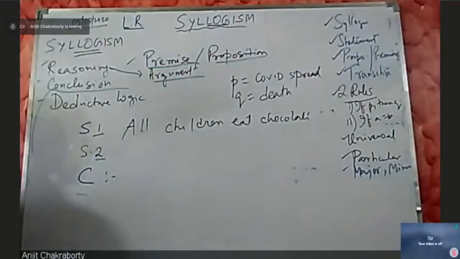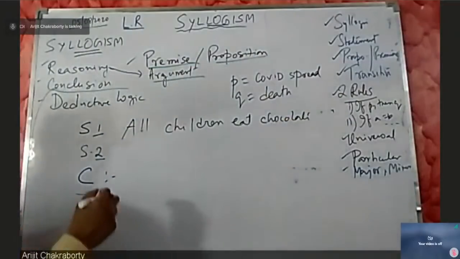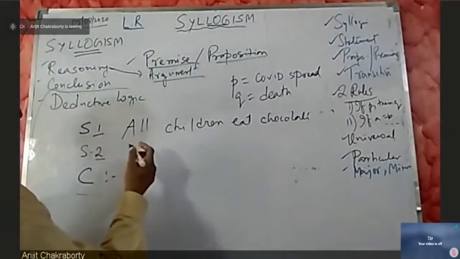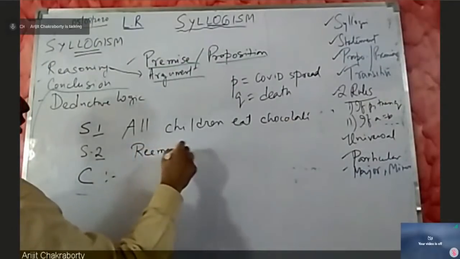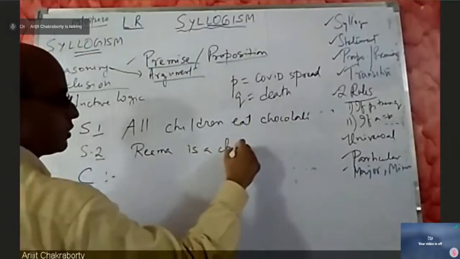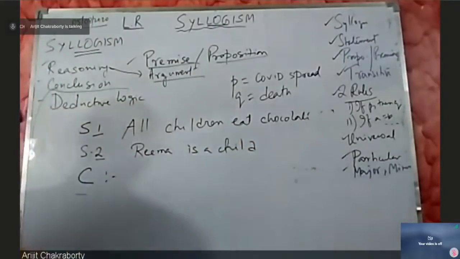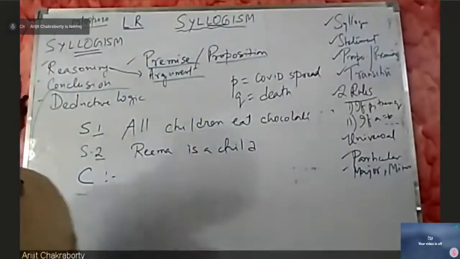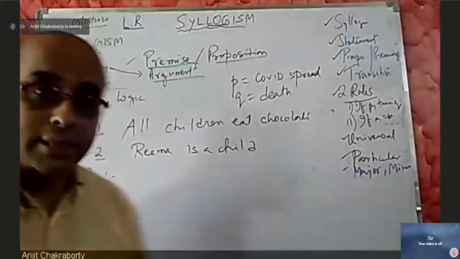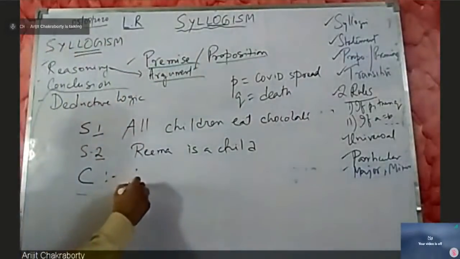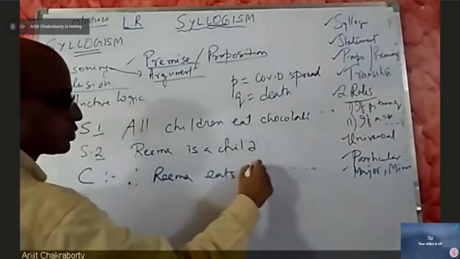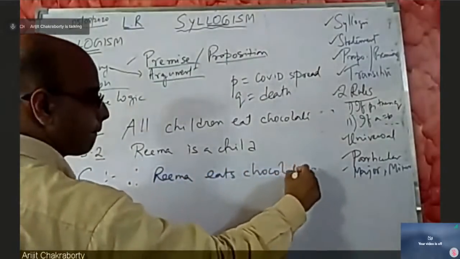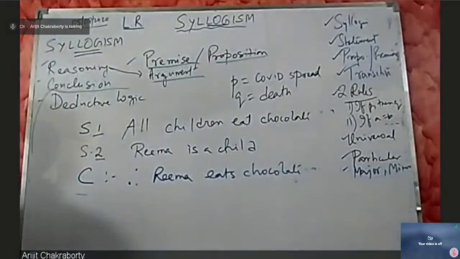All children eat chocolate. Okay. Then say, for example, Rima is a child. So the conclusion is, therefore, Rima eats chocolate. Okay?